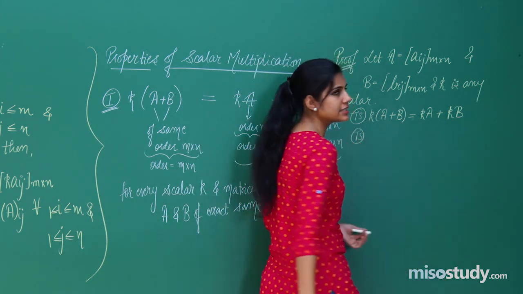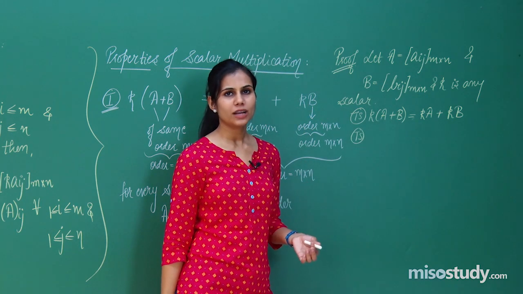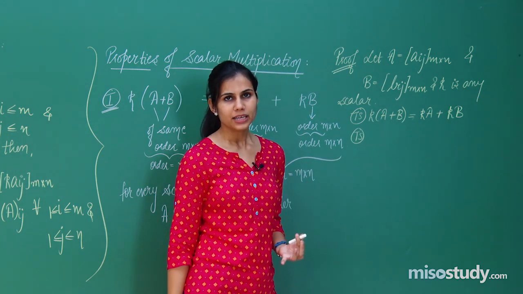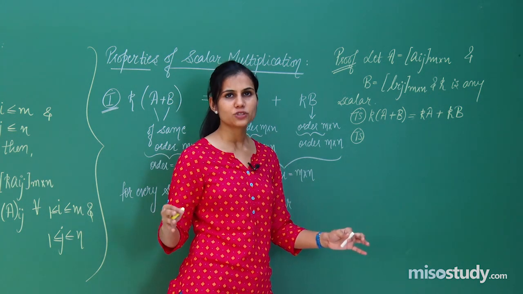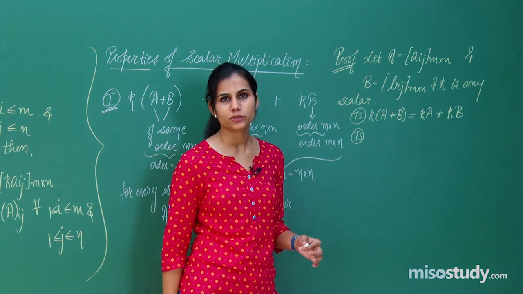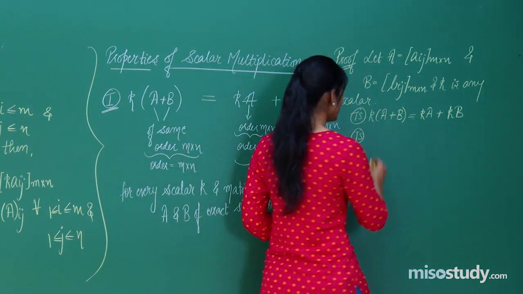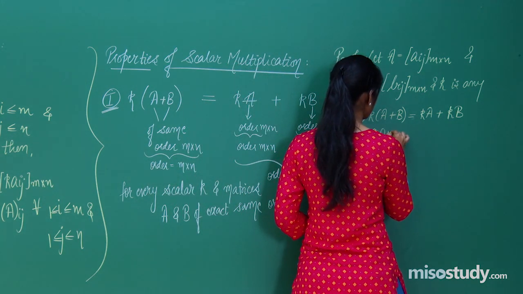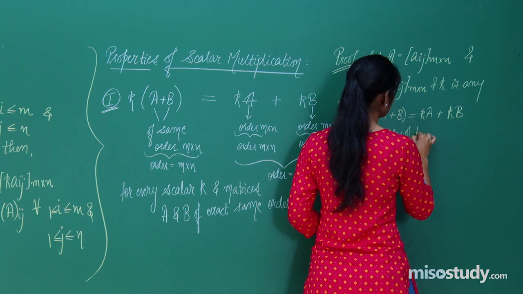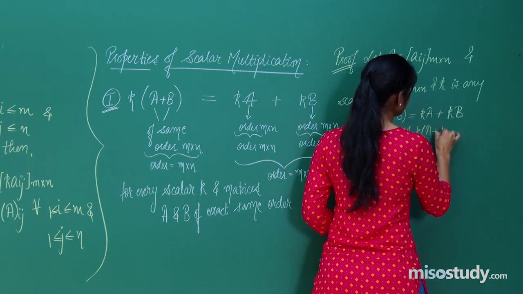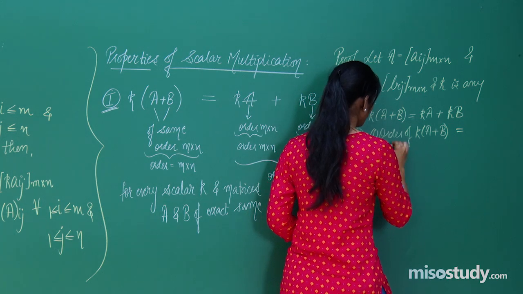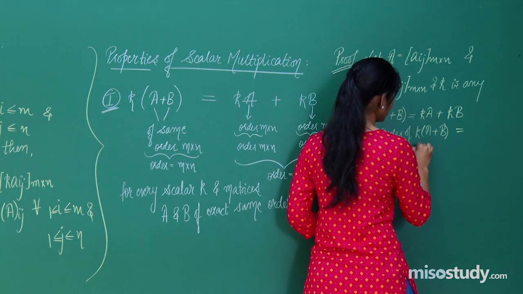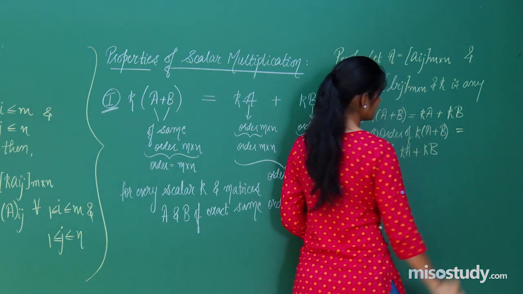These are two matrices. To show two matrices are equal, I have to show that their orders are same. The moment their orders are same, the positions available in both the matrices are same. So the next step is to show that the elements sitting in the corresponding positions are also same. So I need to show two things, that order of K times (A plus B) is equal to the order of K times A plus K times B.